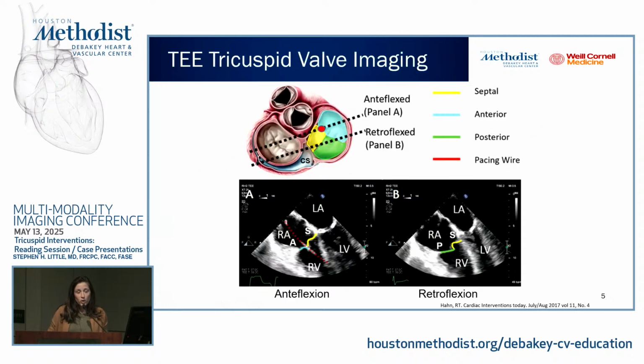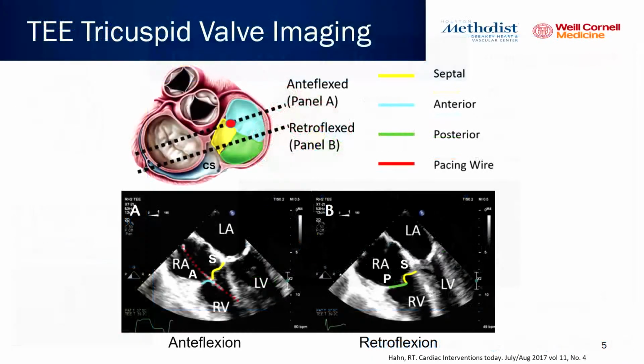Another clue for when you're in the 4th chamber and you're going deeper with your probe is when you see the coronary sinus, you're usually seeing the septal posterior coaptation, which is what you see here on the left, but you can also see from our retroflexion.